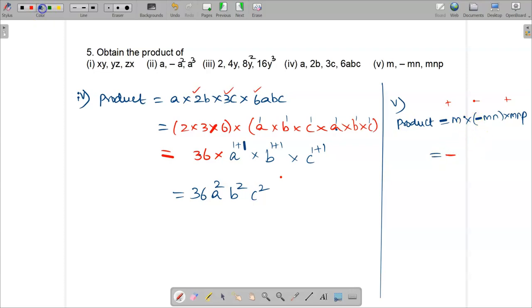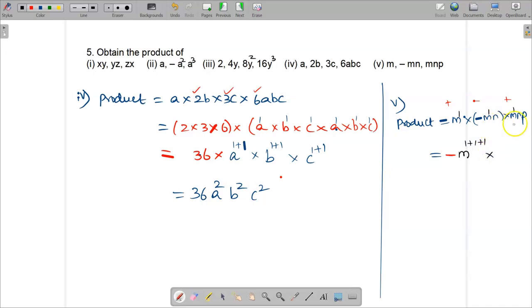And then what are the variables available? m, n, p are available. So m power 1 here, here also m power 1, here also m power 1. Instead of writing 3 times I can write only 1 time and add the power values 1 plus 1 plus 1.